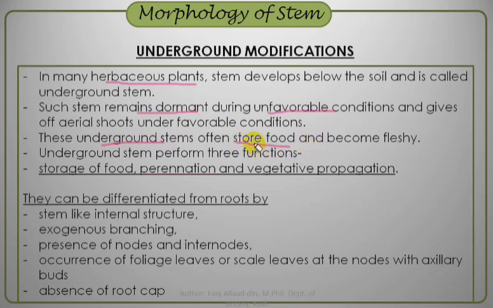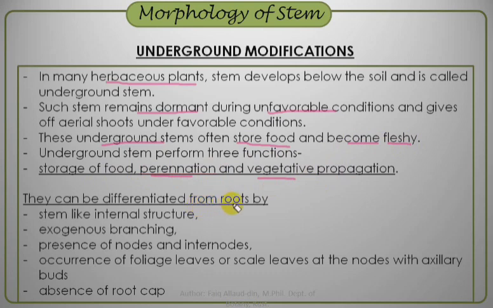By the storage of food, they become what? Fleshy. They become fleshy. And they can also perform the function of perennation and vegetative propagation. Vegetative propagation simply means reproduction through vegetative methods.